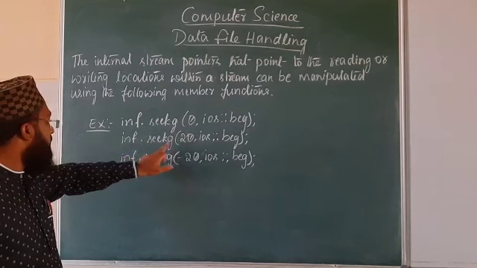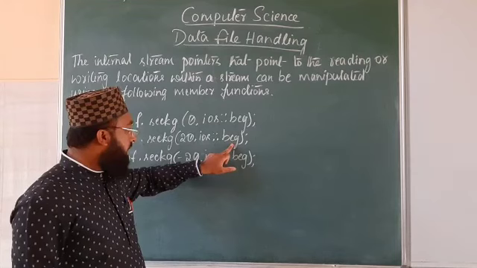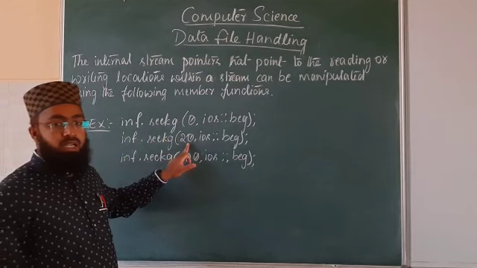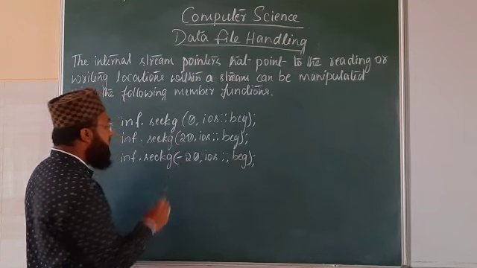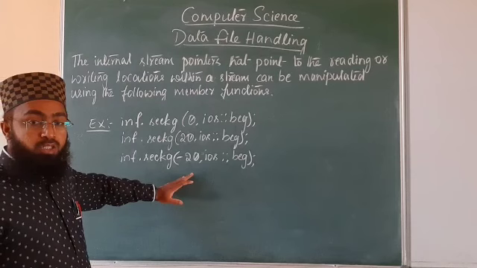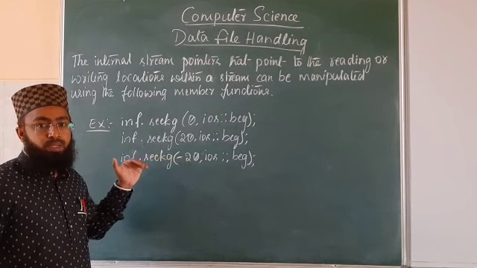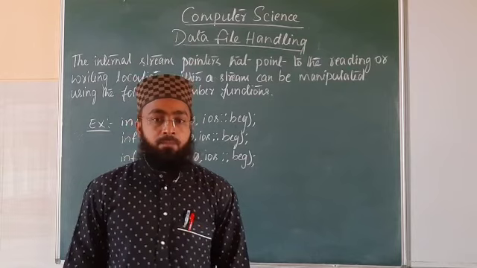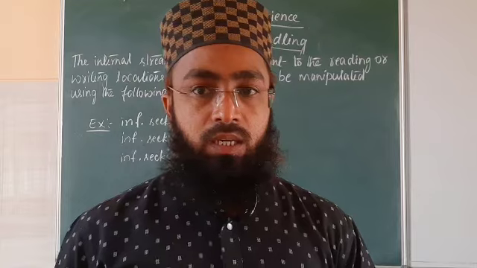Then inf.seekg(20, ios::beg) will send the pointer to the 20th byte. And for the same example, we have taken -20, which will move the pointer backward from the 20th position to 0. So these are the things regarding seekg long and seekg offset, seek dir.